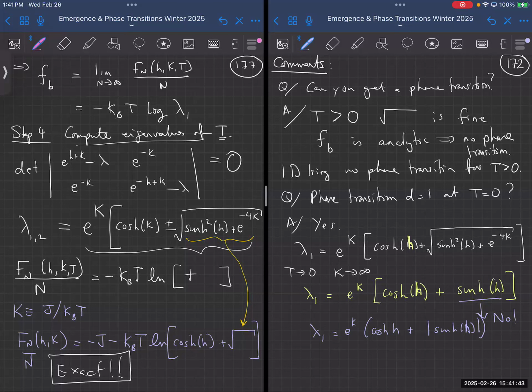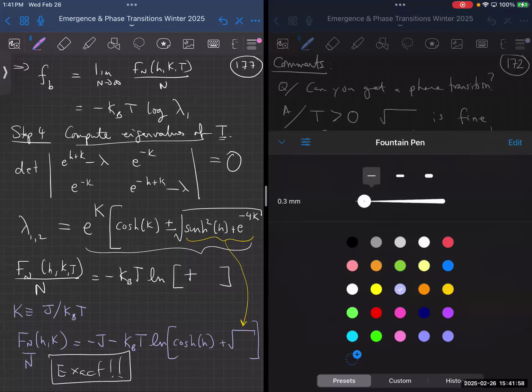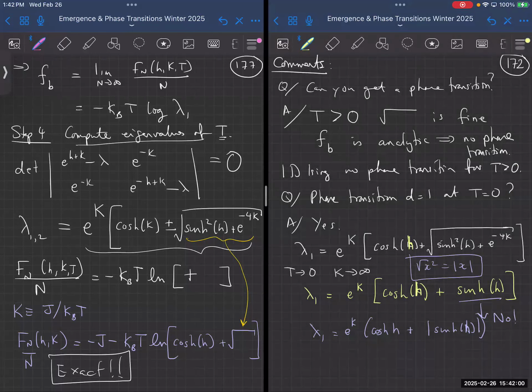So just remember the square root of x squared is equal to the absolute value of x. Now let's have a look at what this is. What is cosh x plus the absolute value of sine x?